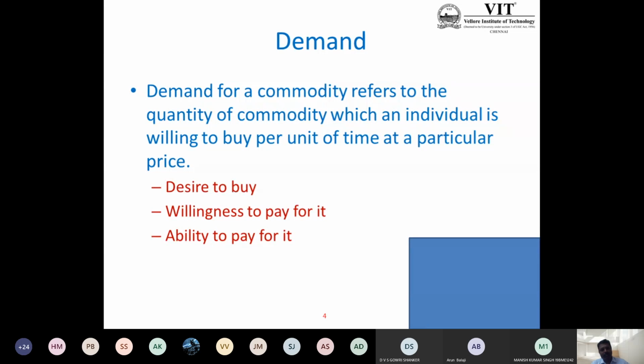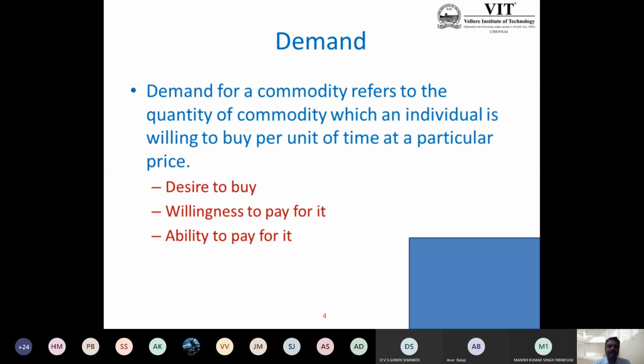Also, I have enough money to buy that roadside food. I have willingness to pay and ability to pay, but I don't desire to buy that item because it is roadside food. Do I create demand for that product?